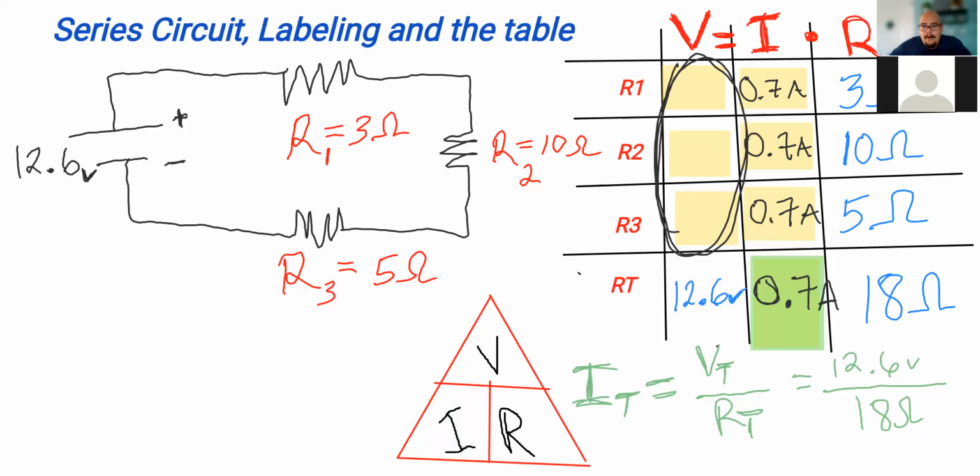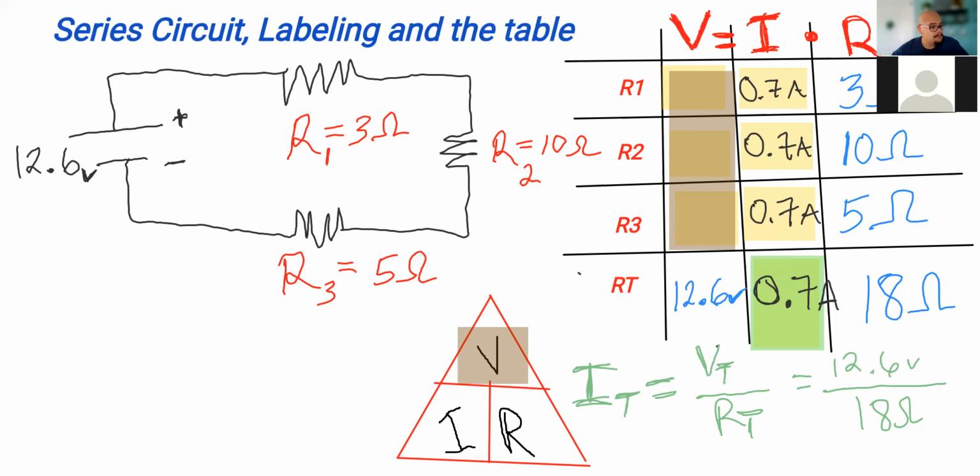Now we're looking for voltage, so I'm going to cover the voltage on my triangle, and that's what I'm going to find here. So what is that? V equals I times R.